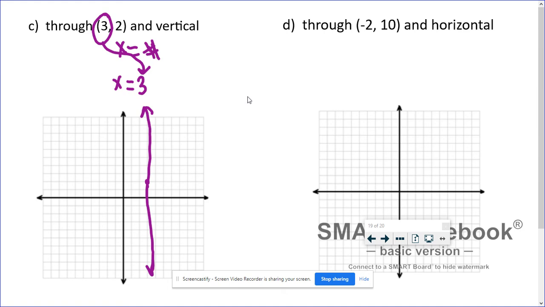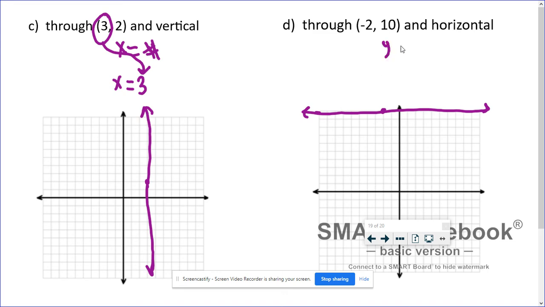On the flip side, you have an ordered pair for part D here, -2, 10. Well, -2, 10 will left 2, and then up 10 is all the way up here. The horizontal line that goes through that is going to look like that.